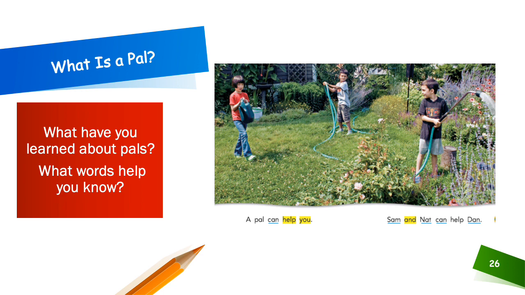What word did they use to help us know all about pals? Well, the first sentence says, a pal can help you. So we learned that pals or friends are there to help one another. It looks like these boys are all helping gardening.